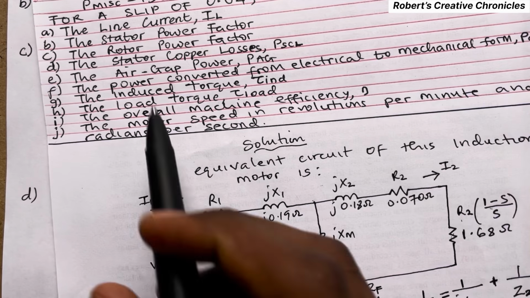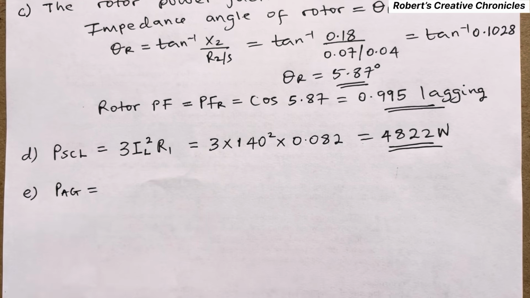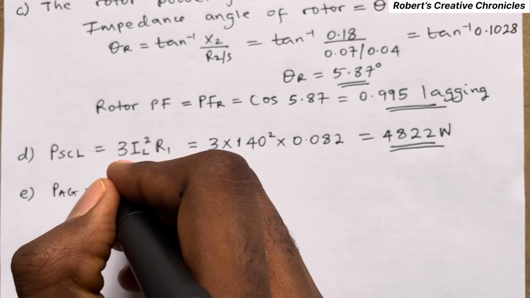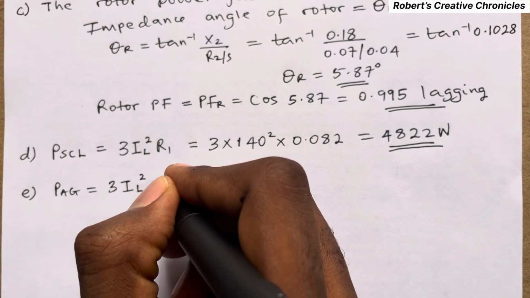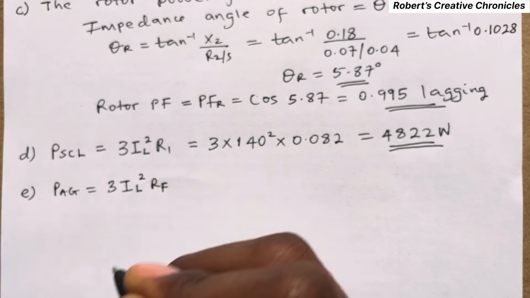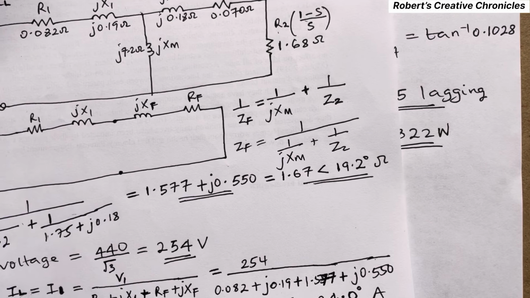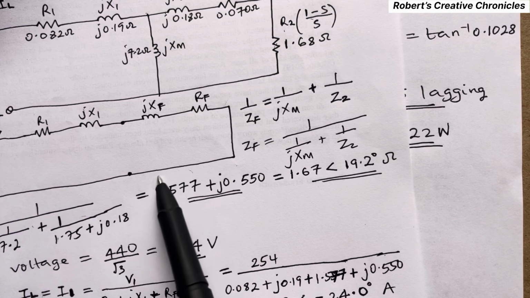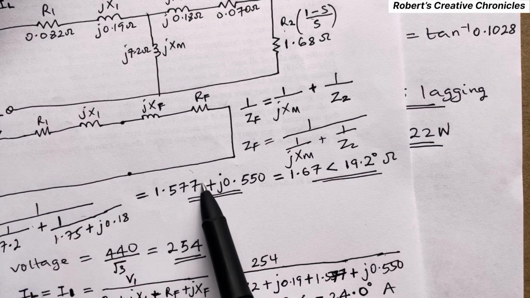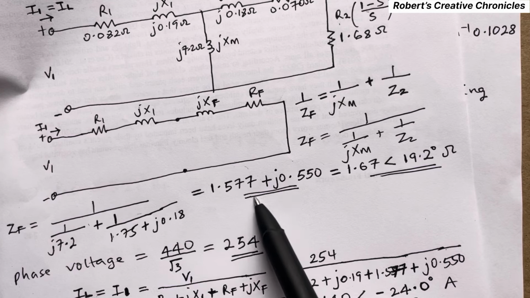So the next one is to find the air gap power. The air gap power is given by this formula: 3 IL square, then RF. Slight change from this. Now, what is RF? This is RF. RF is this 1.577. From this, ZF is equal to RF plus jXF.